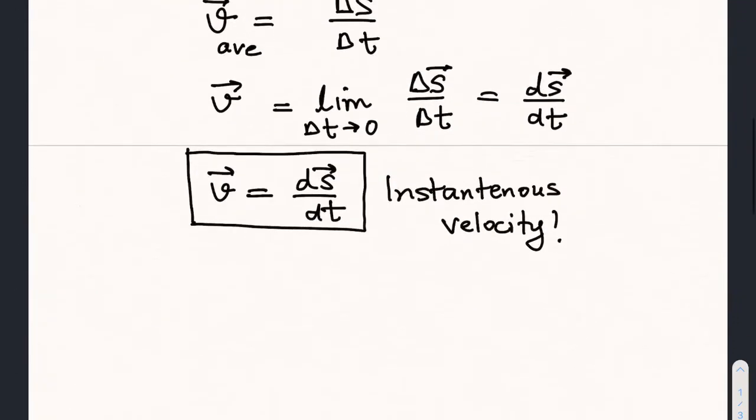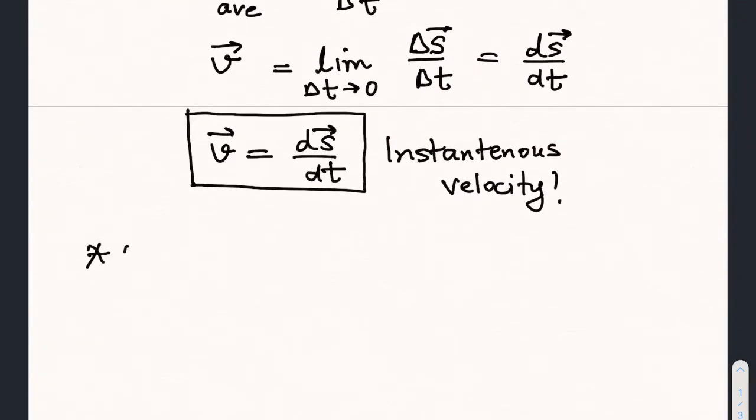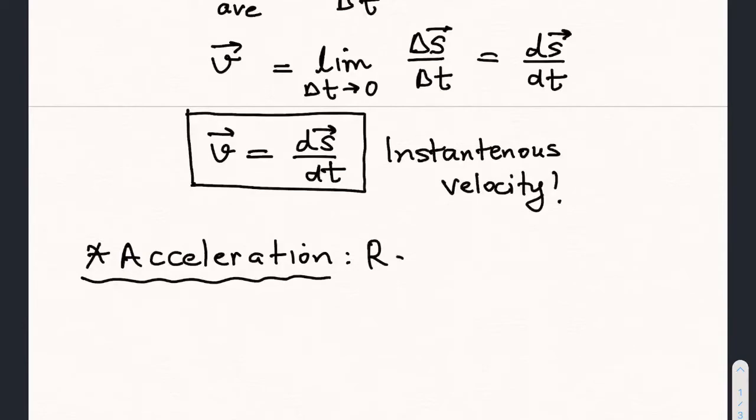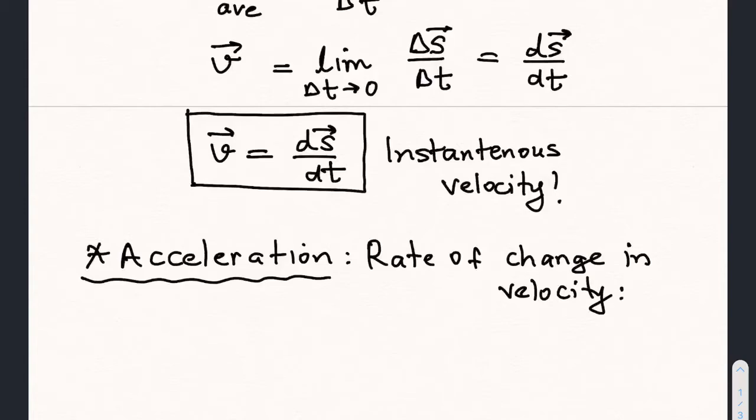So let's talk about acceleration then. As we already indicated, acceleration is the rate of change in velocity, right? In this sense, I can write a as delta v over delta t, but again, this is in an average manner.